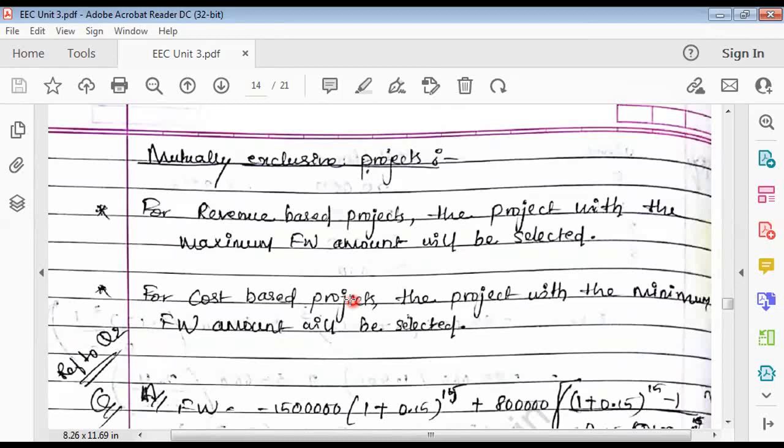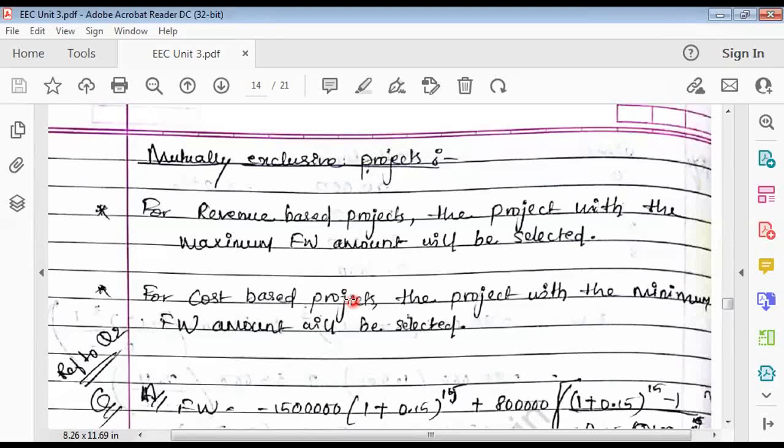You must be remembering that there can be two different types of questions you may get. So far as mutually exclusive projects are concerned, one is revenue based, the other is cost based. I've already explained in detail how to identify whether a question is revenue based or cost based.